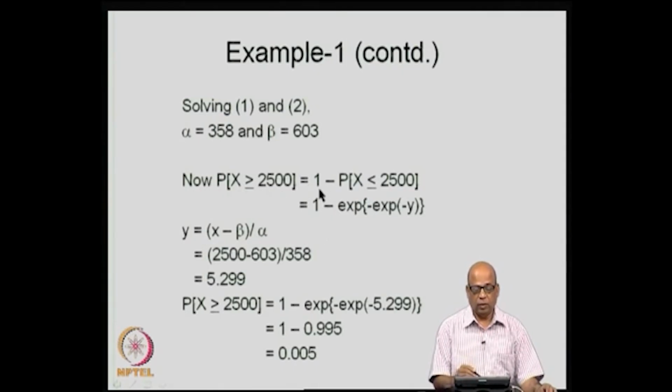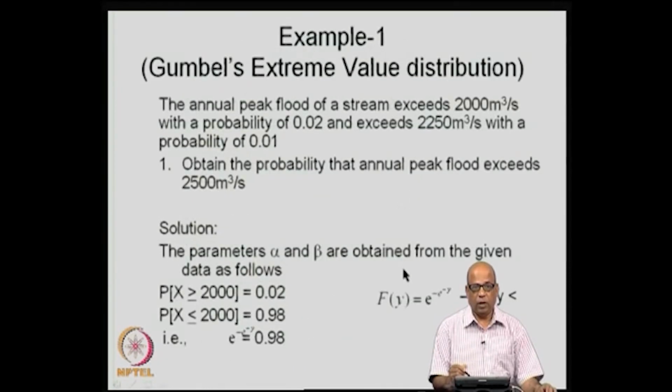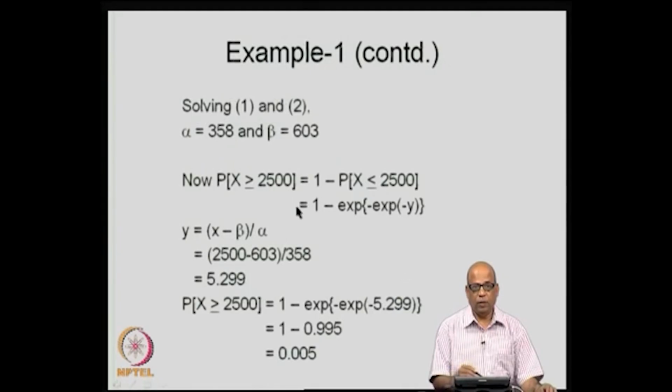So, we write this as equal to 1 minus probability of x being less than or equal to 2500, which from the expression for F of y we write as 1 minus e to the power minus e to the power minus y, where y is equal to x minus beta over alpha, and x is that particular value which in this case is 2500, beta we have estimated to be 603 and alpha we have estimated to be 358.